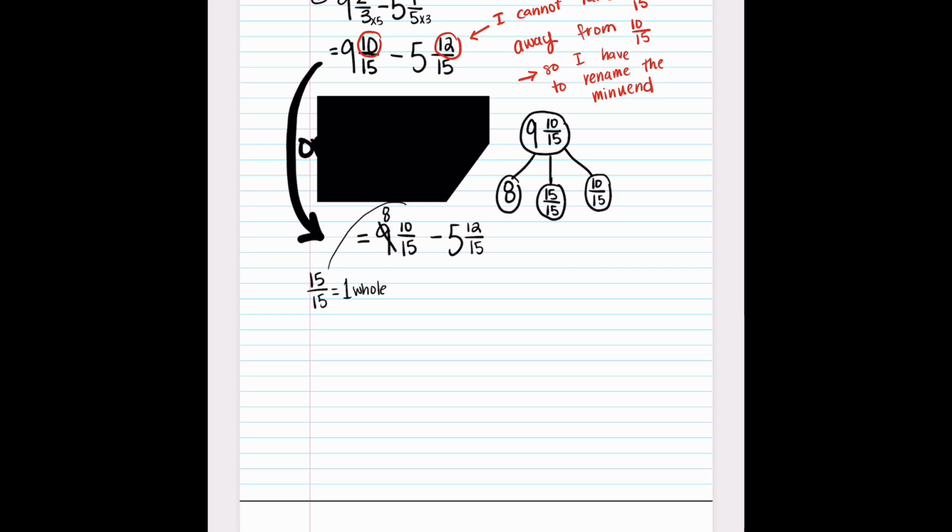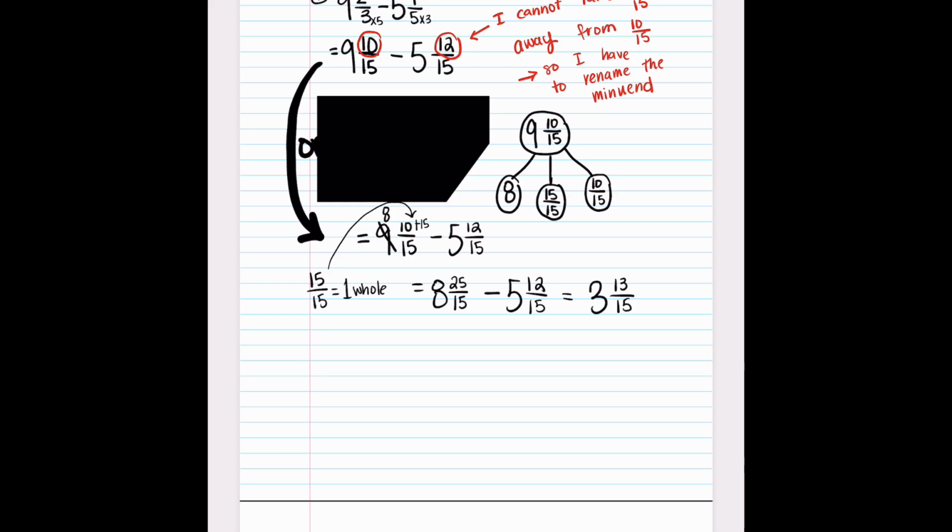So I need to add that on here. So that could give me 9 25/15. And then you could solve it that way. Sorry, not 9 25/15, 8 25/15. Then we could solve it that way to still get 3 13/15.